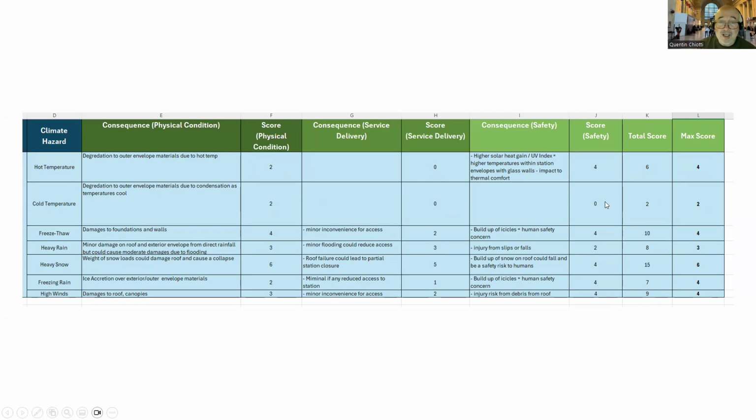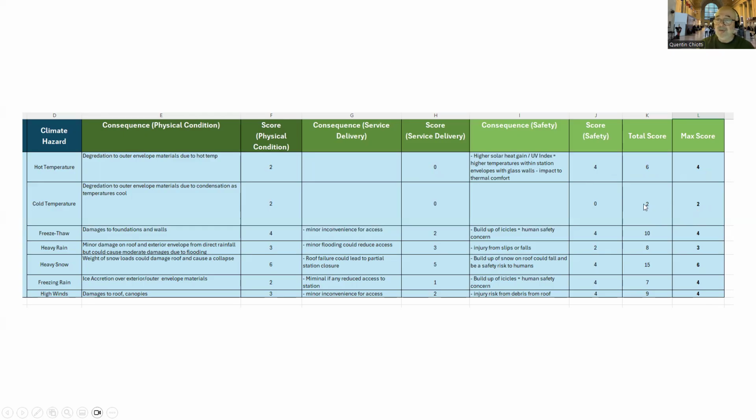And I realized as I was pulling this together, this is a risk of the trade. I made an error. Not that it matters in terms of the assignment, because this was just used as an example, but I actually miscalculated my cold temperatures, I think for safety or for service delivery, so that I have a total score of 4, I think, but a maximum score of 2.